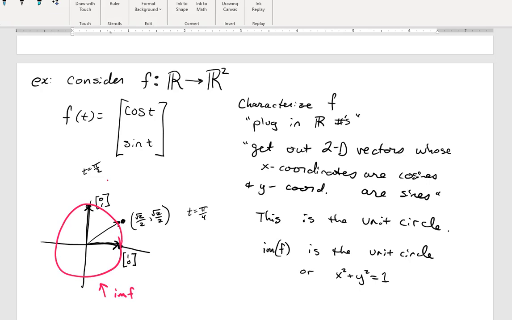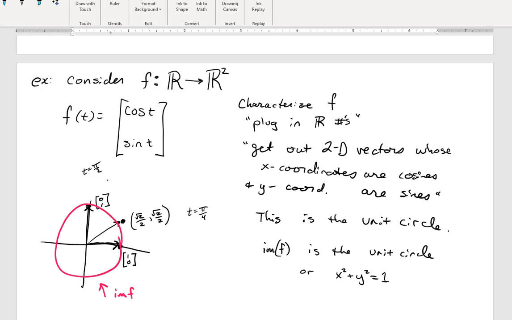Now, in this case, our image is not the set of y values. It's not the set of the y values for the unit circle. That would run from -1 to 1. Okay? It's the set of vectors, right? Because we're talking about living in 2 dimensions now.